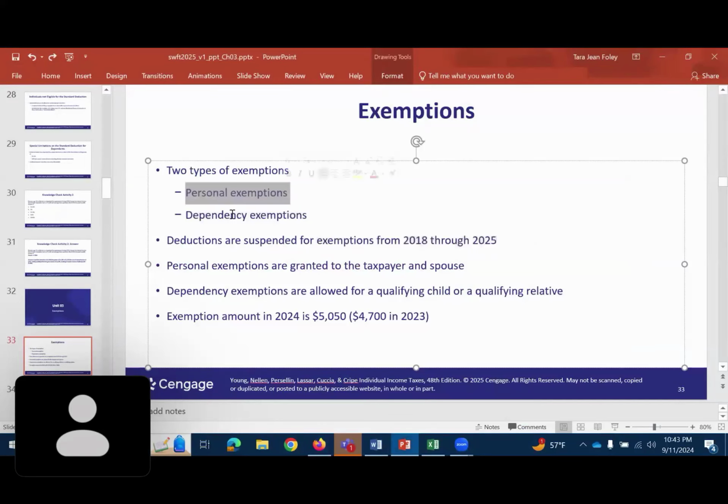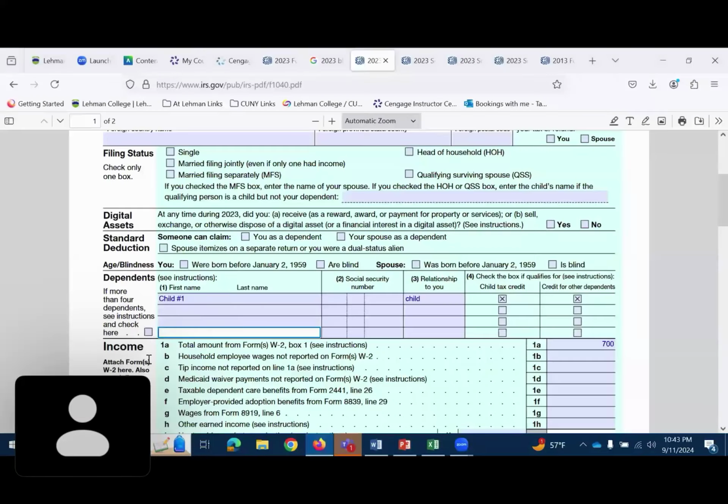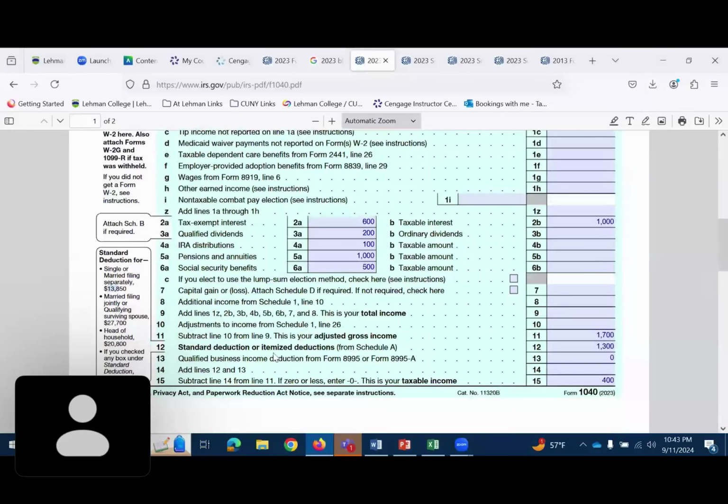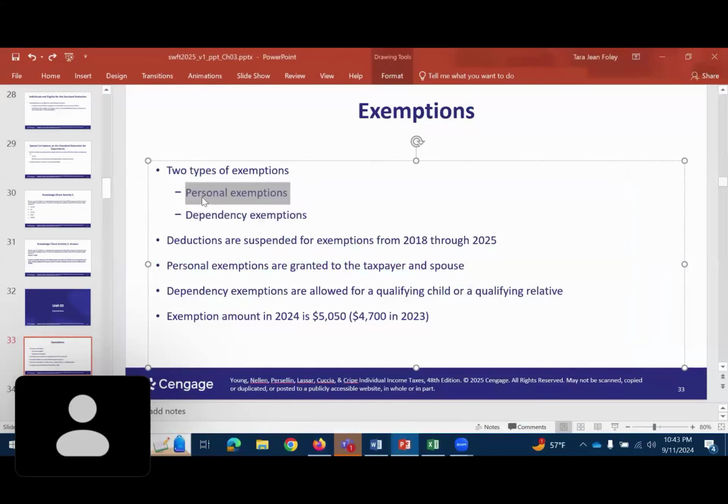The personal exemption, I would get on top of my standard deduction or my itemized deduction, a personal exemption for myself to reduce my income. And I would also get an exemption, reducing my income, for each child or dependent that I had. But again, they're gone.